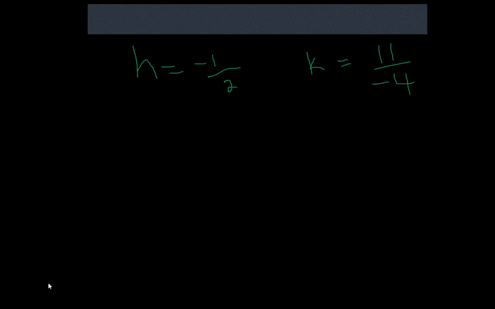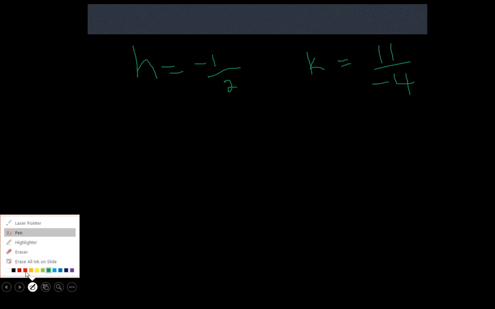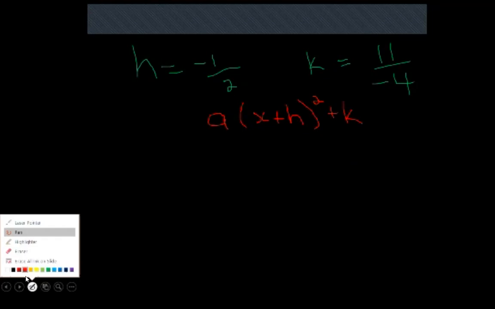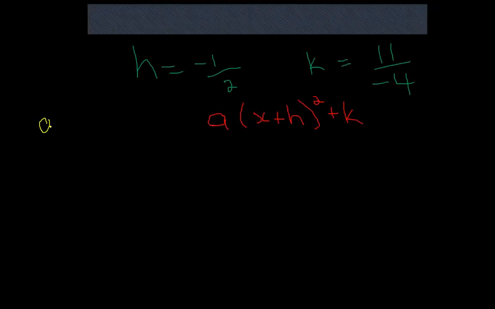So I have h and I have k. Remember, the completed square form looks like this: a times (x plus h) squared plus k. We said from step 1 that our value for a was minus 1. All I have to do now is take these three values and substitute them into the completed square form.